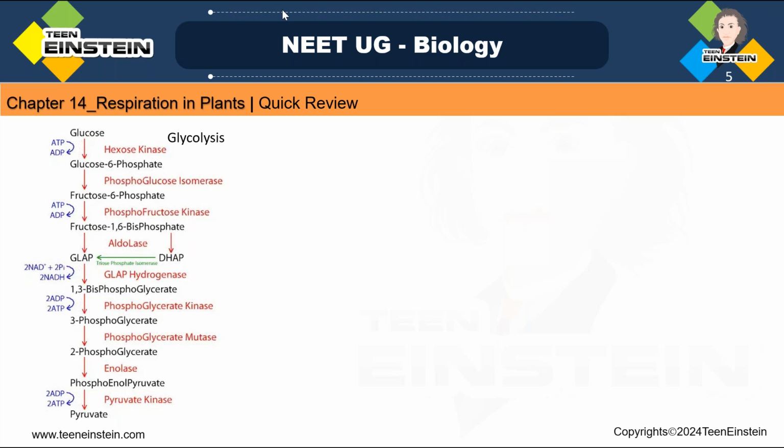Next, we need to learn about oxidative phosphorylation. From this topic also, you will get repeated questions. Oxidative phosphorylation involves the synthesis of ATP molecules from the energy liberated during the electron transport chain.